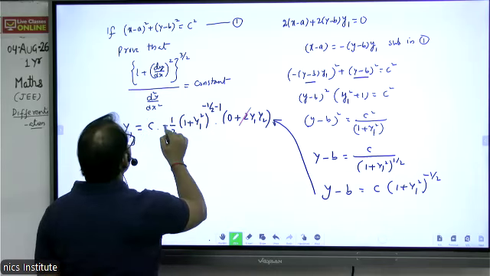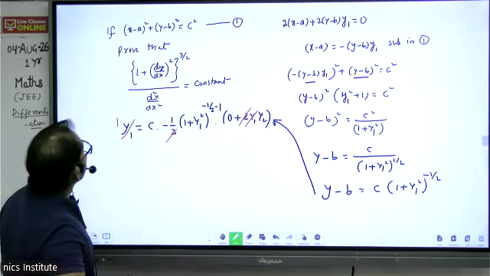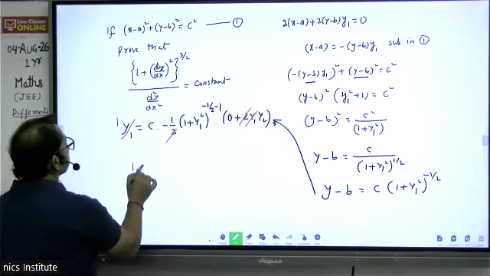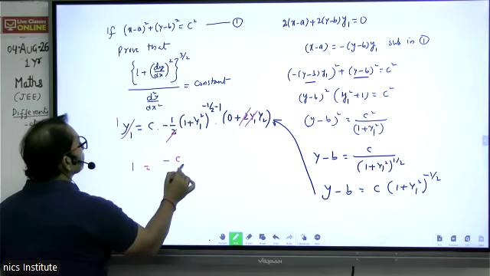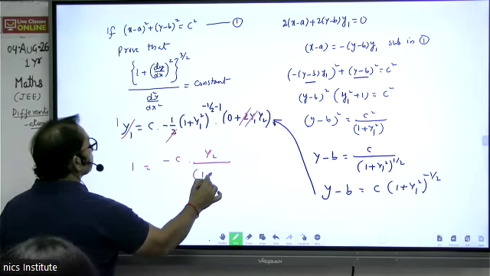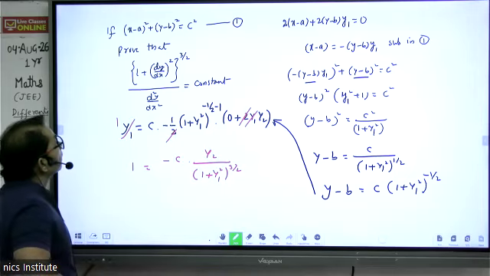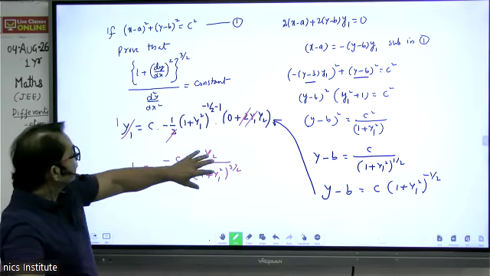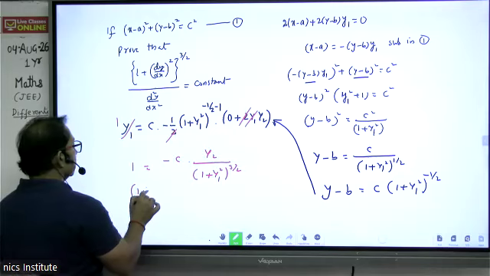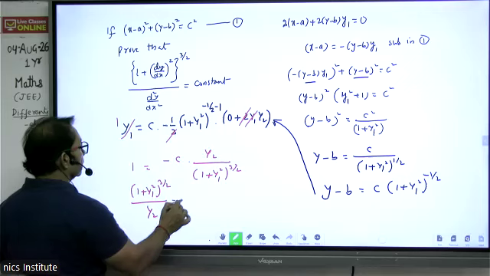So 2 से 2 cancel, y1 से y1 cancel, and now you get this term. ये पूरा टर्म आ गया. So bring this term this side, and this is your answer. So 1 plus y1 square to the power 3 by 2 by y2 is minus c.